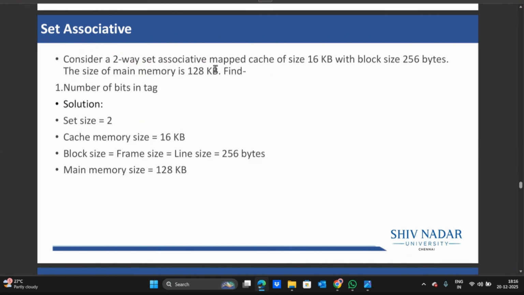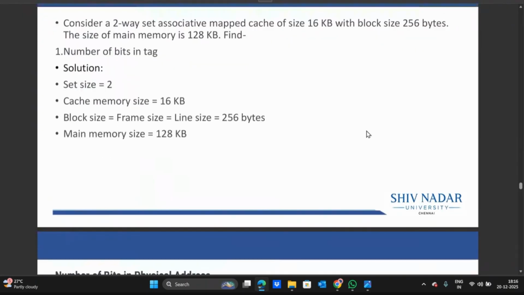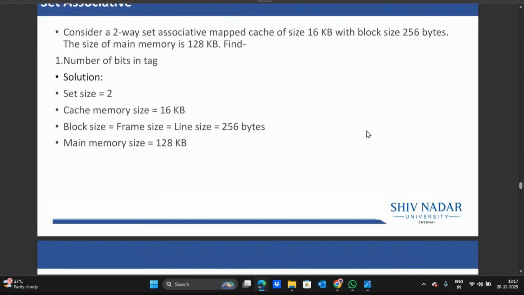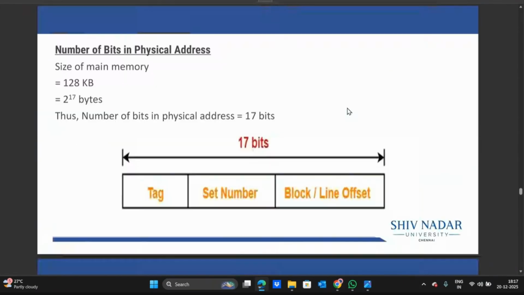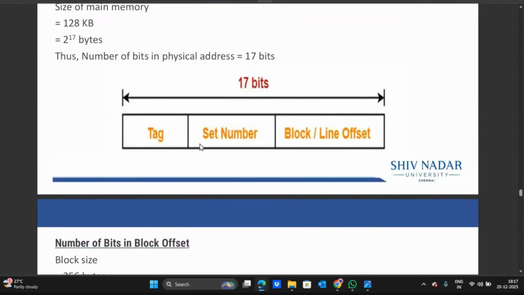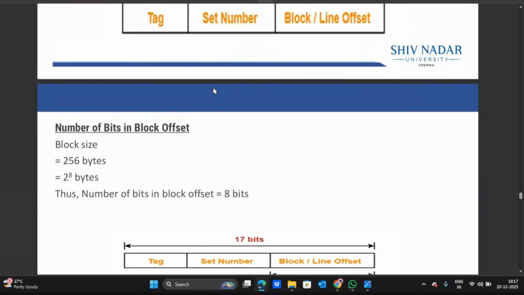Same as before, 128 KB gives 2 to the power 17, so 17 bits. This one is 256 bytes, so 2 to the power 8, 8 bits have gone there. The structure is tag, set number, and the offset of 8 bits, total 17 bits. How to calculate the set number?